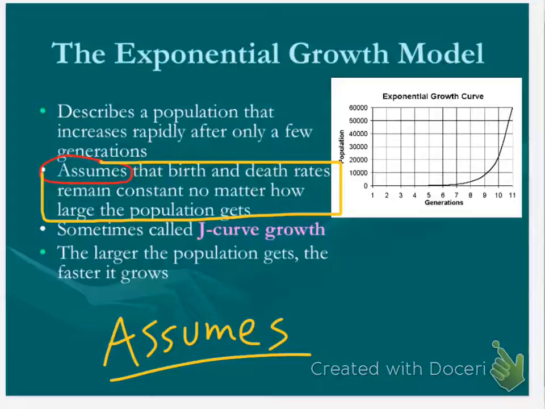Doesn't matter how many individuals you get, they keep reproducing at the same rate, and they never die at a higher rate. We call it J-curve growth very often because it looks like a J. Some people call it a hockey stick. And in this model, the larger the population gets, the faster it grows.